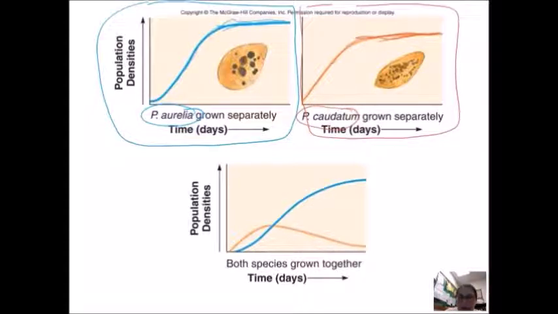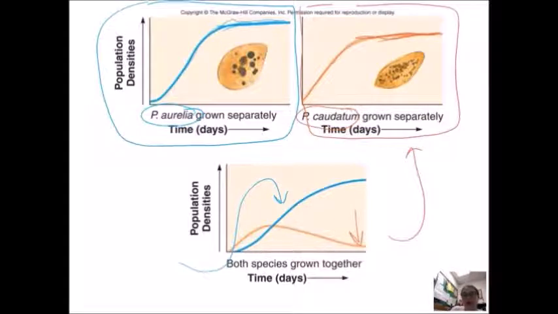And as we can see, the caudatum does not demonstrate the same growth pattern that occurred when it was grown alone, whereas the aurelia seems to be showing the same growth pattern. This indicates that both aurelia and caudatum probably compete for the same resource, and it looks like the aurelia is the better competitor, and in the game of life, the winners survive to reproduce.